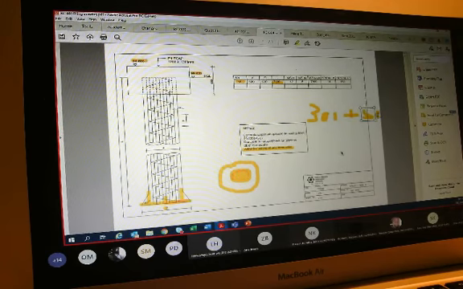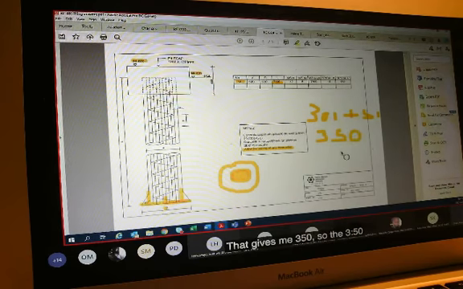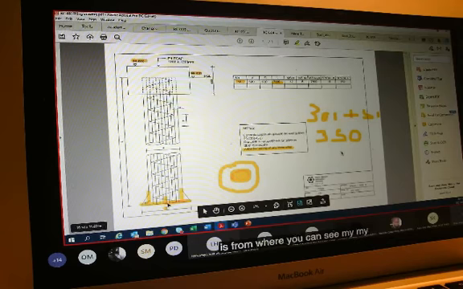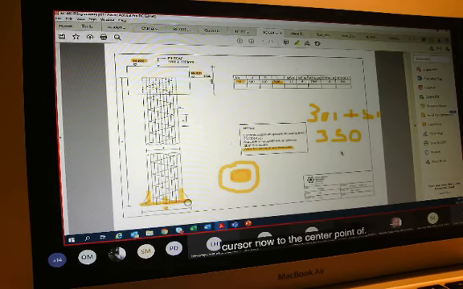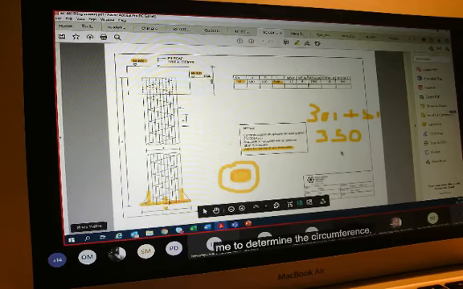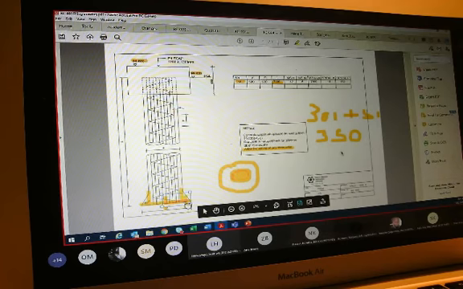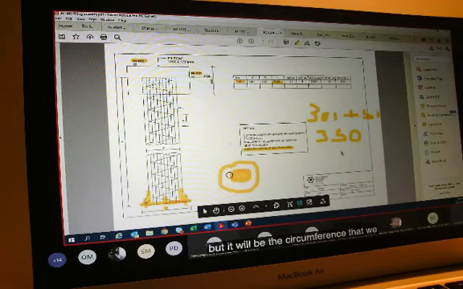So from the center here to a third of 150, it will therefore be my 300 plus 50, and that gives me 350. So the 350 is from where you can see my cursor now to the center point of my extra section, of my ream section.